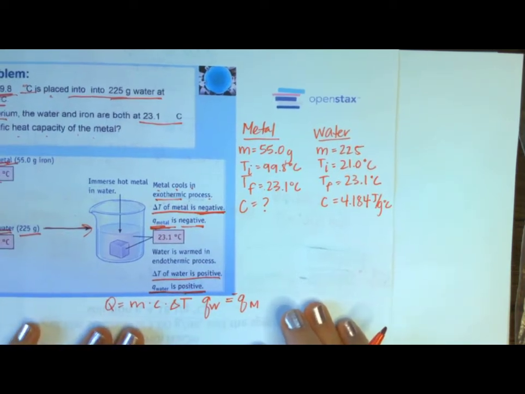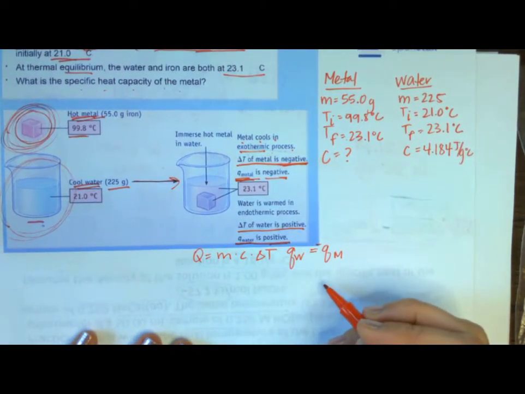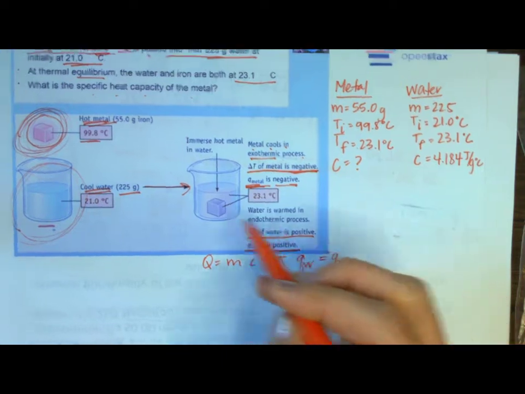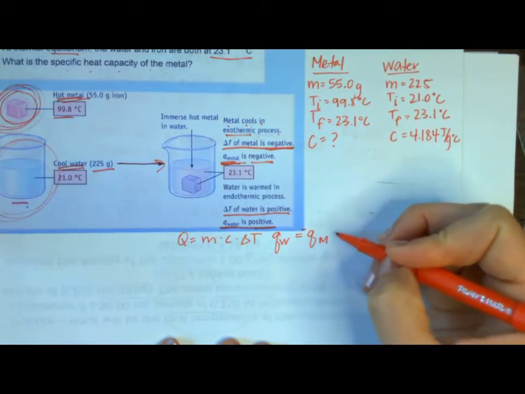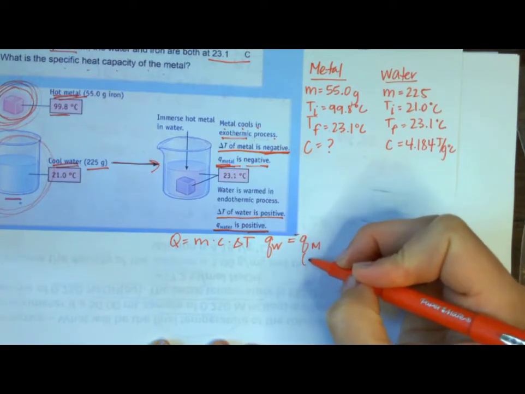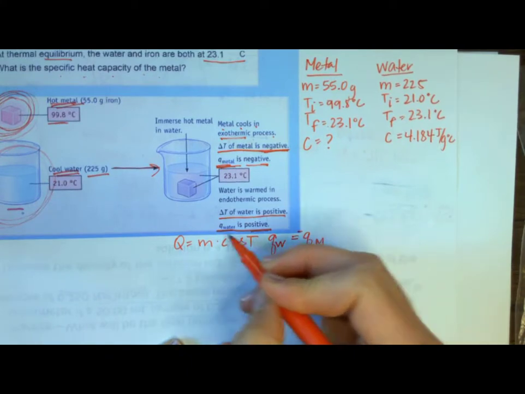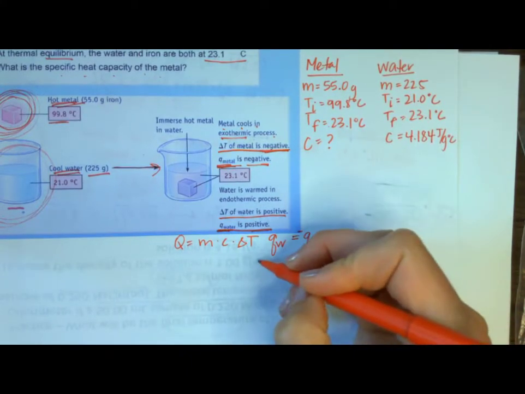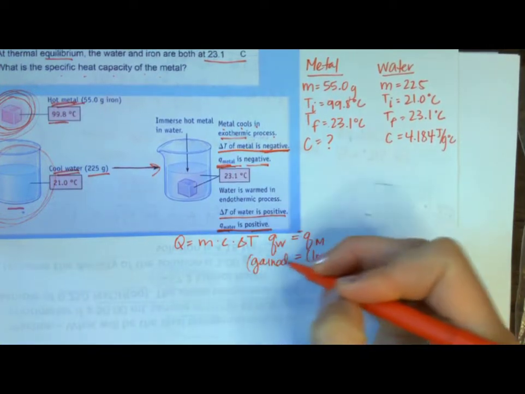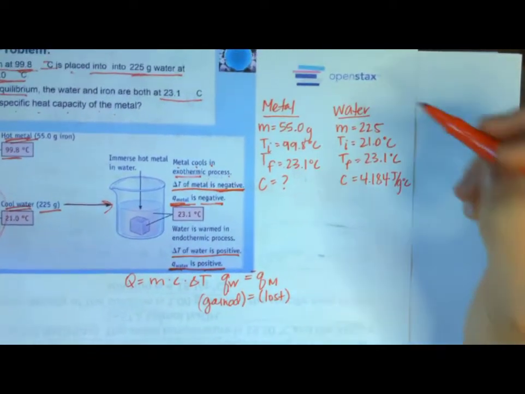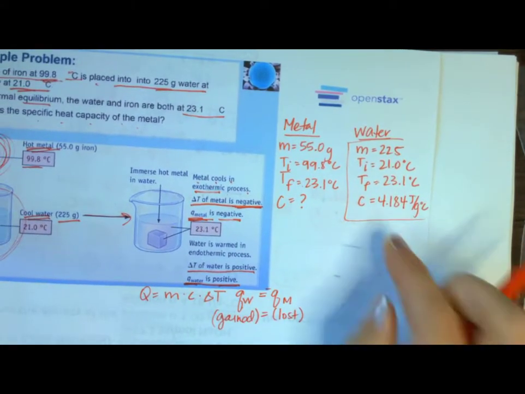So let's look at this. We know that, like we said, our Q's need to be equal. For whatever we lost for the metal, the Q metal, which is the heat that was lost, needs to equal the Q of the water that was gained. So since we know all of these variables, let's find the Q of the water.